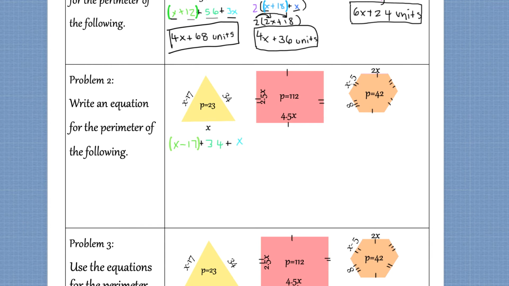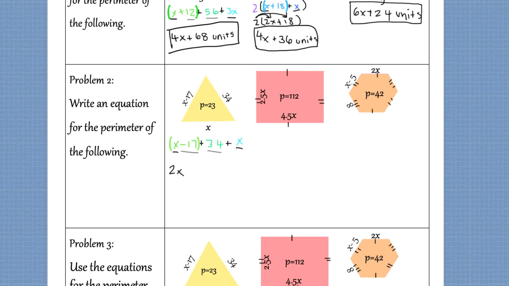Now that we have our expression, we're going to first simplify this and then set it equal to the value of the perimeter. First add up all of the x terms, which is this x and this x. So that is 2x. Then you add up the negative 17. Be sure to take note of the negative.